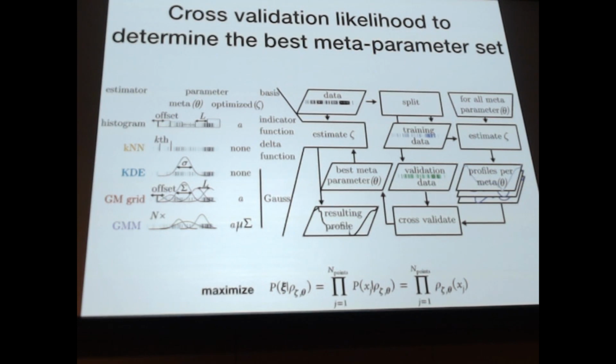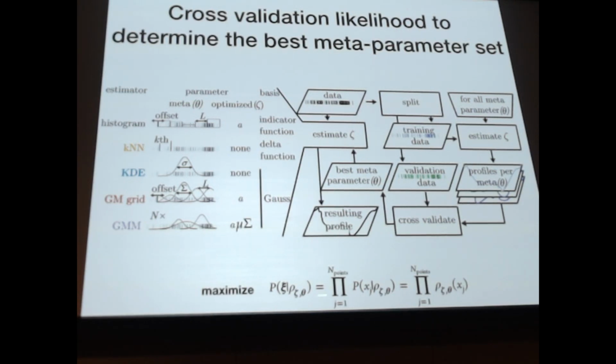And the idea here is to avoid overfitting by using cross-validation. And this is done to find the best set of meta parameters. So I explained this estimation just before. Adding in the cross-validation looks like this. So you start from the data, you split it into a training set and a validation set. With the training set, you estimate the parameters, and you can calculate the profile using each of these estimators.